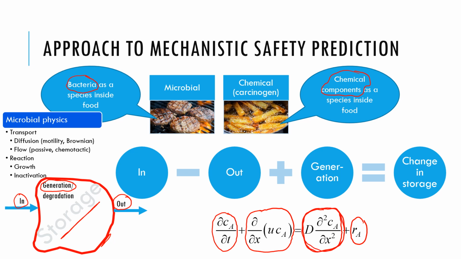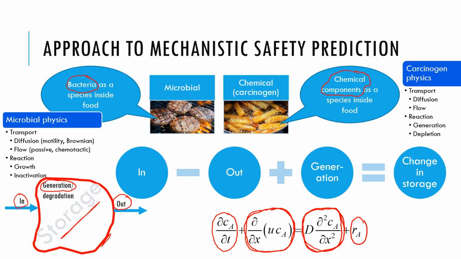The convection or flow term can be simply due to passive motion where the bacteria is carried by the fluid in the food, or it can be due to things like when the bacteria is searching for a food, or chemotactic movement.